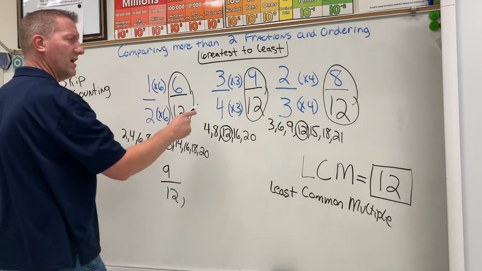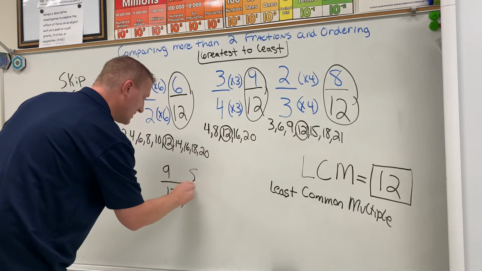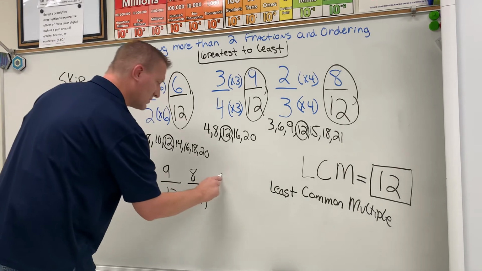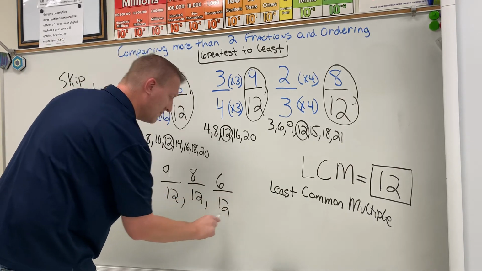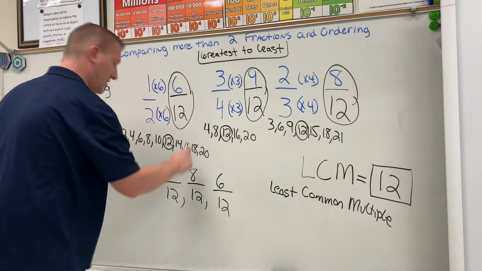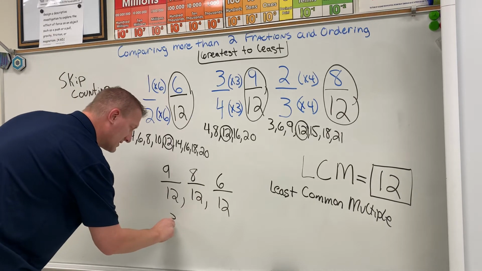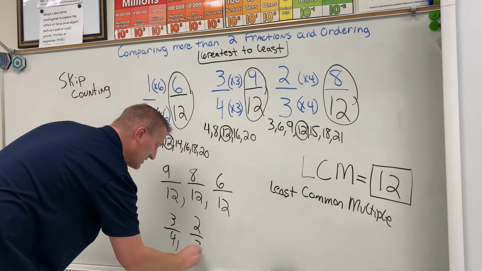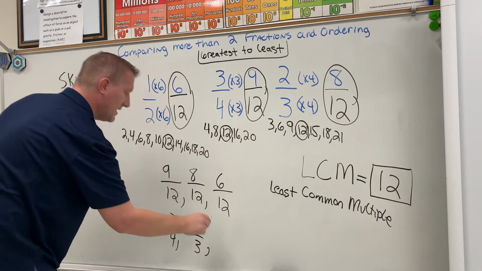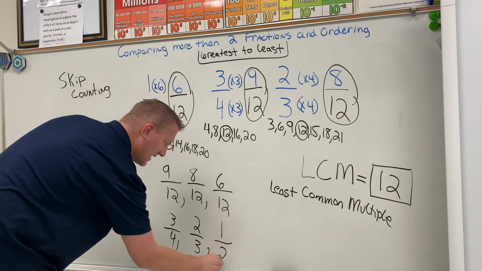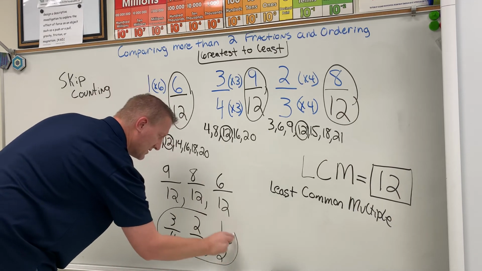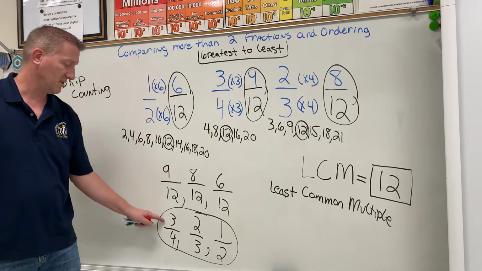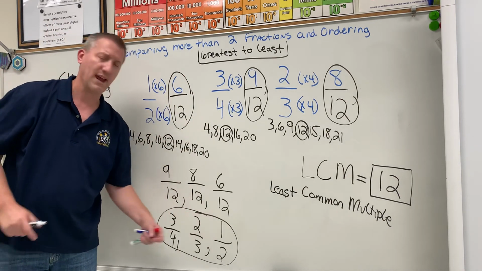Then what? 8/12 would come next. And 6/12 would come last. Or 9/12 is the same as 3/4. 8/12 is the same as 2/3. And 6/12 is the same as 1/2. So here would be my order from greatest to least: 3/4, 2/3, and then 1/2.